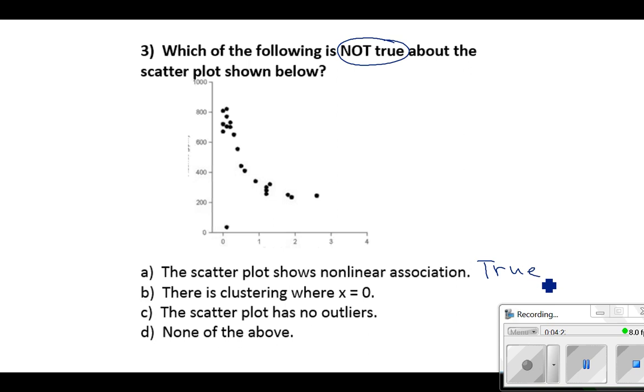Here's where x equals 0, and I do find clustering. So that one is true as well. Part C, the scatter plot has no outliers. Looking at it, I do notice that this point right here is an outlier, so that would be false. And that would be our answer, C, because we did find an outlier.